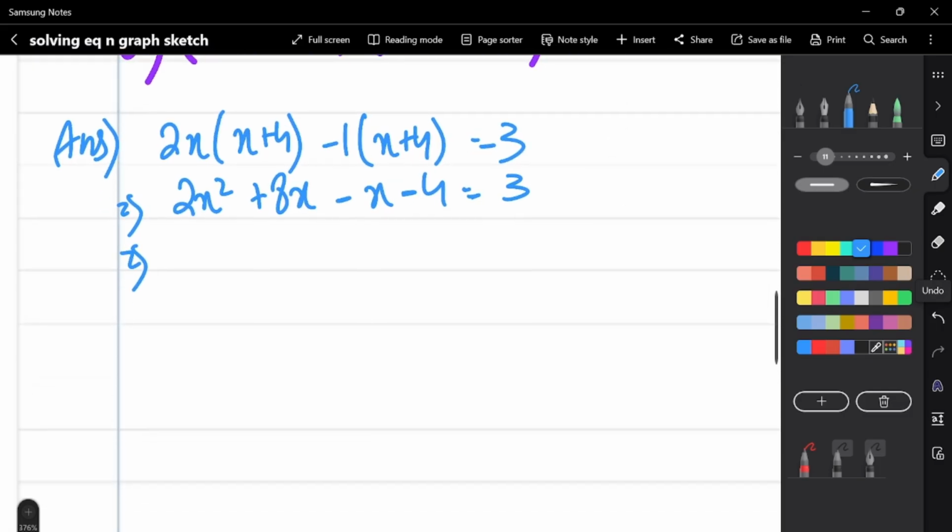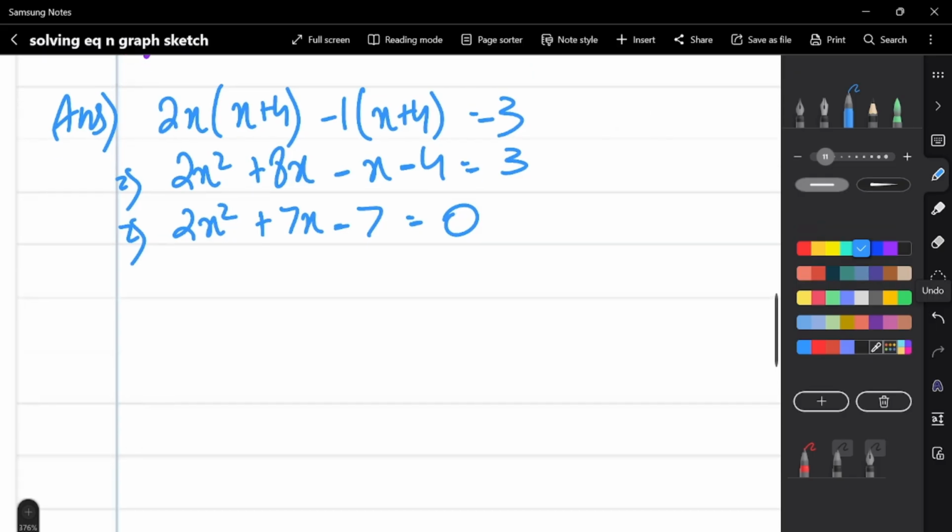Now we're gonna group the similar variables. So there's only one x squared term. 8x minus x is 7x, and minus 3 is gonna jump over to the left hand side, giving us minus 7, and we're remaining with 0.